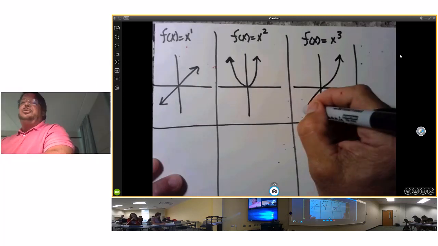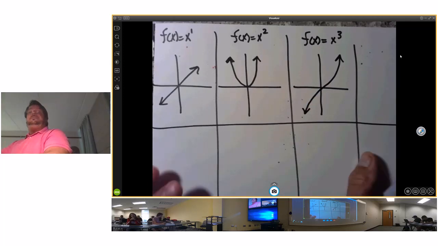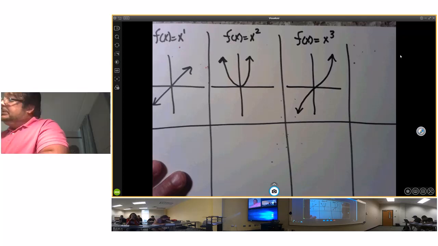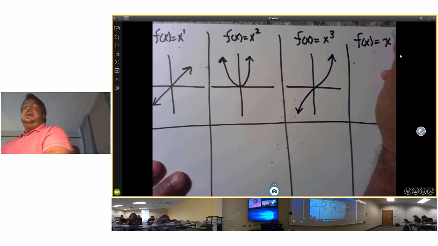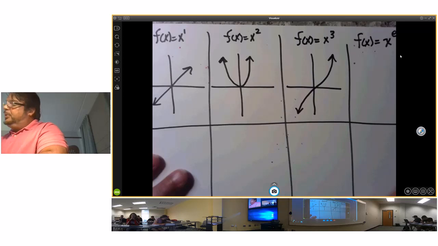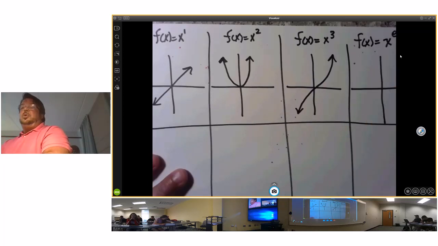All right. So f of x, that's x to the third. F of x is equal to x to the even power, meaning 4th, 6th, 8th. It's going to be what? What's the difference between a parabola and a quartic function like 4, 6, 8, 10?